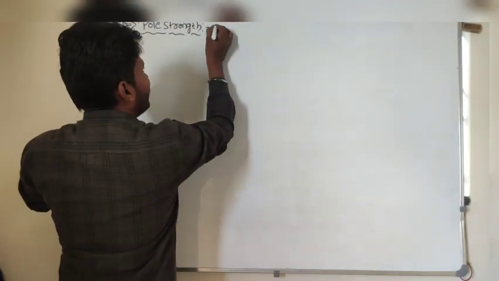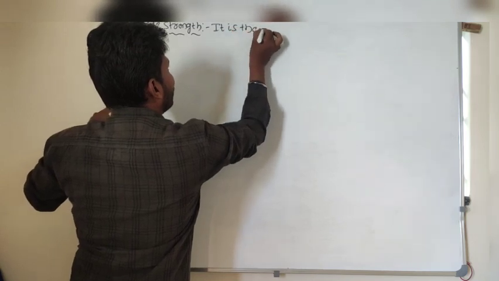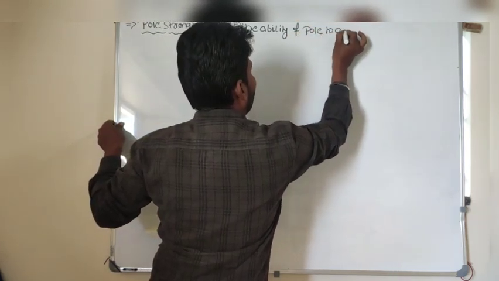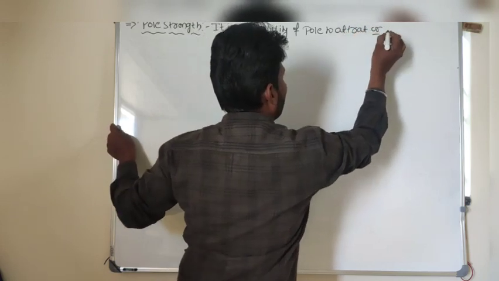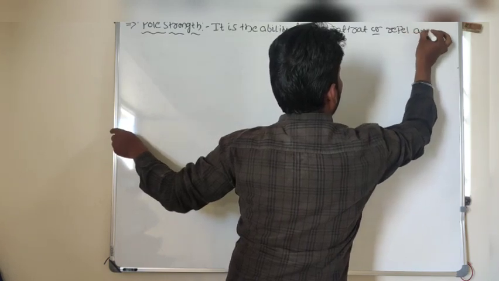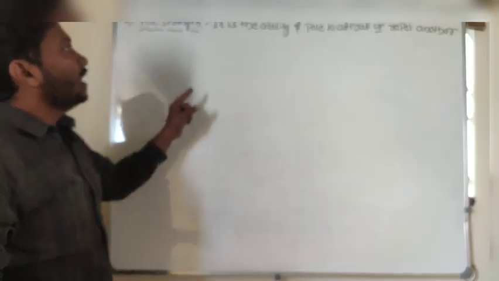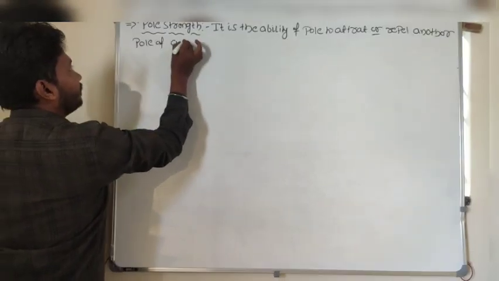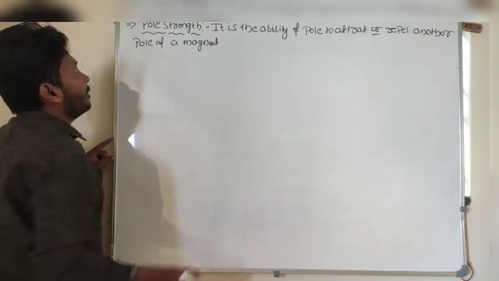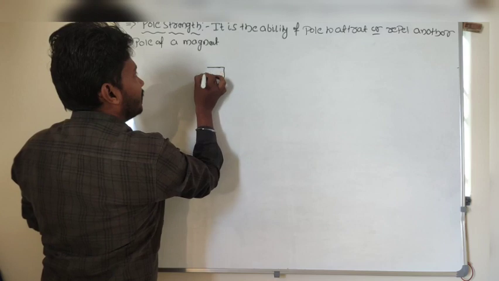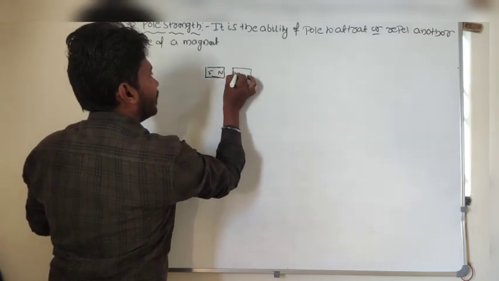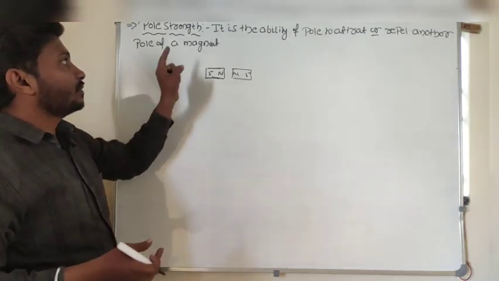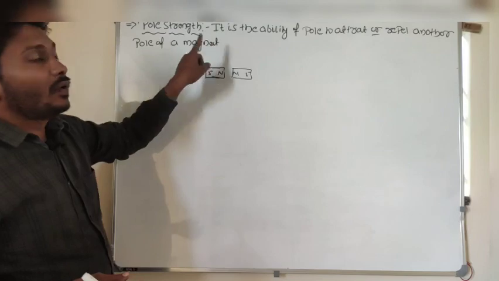So pole strength is the ability of a pole to attract or repel another pole of a magnet. For example, treat this as one bar magnet with a north pole and south pole, and another bar magnet with a north pole and south pole. Here north and north repel each other, and north and south attract each other. So the ability of the pole to attract or repel another pole of a magnet is called pole strength.